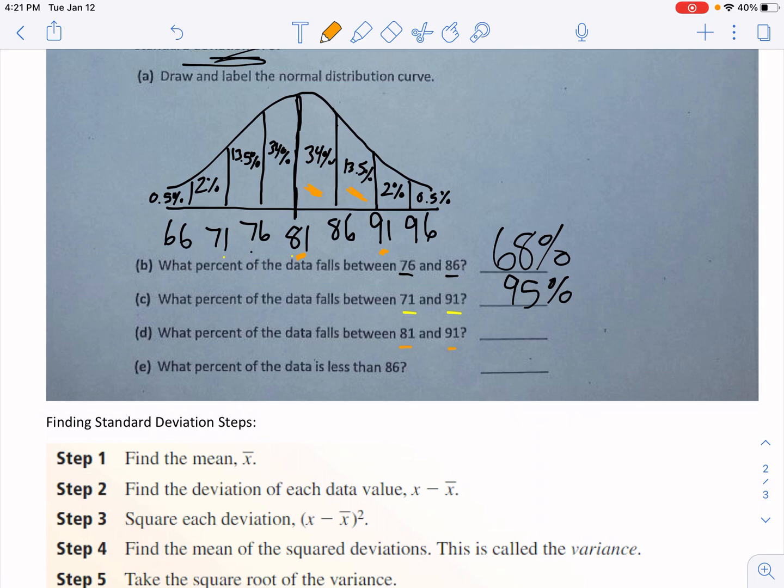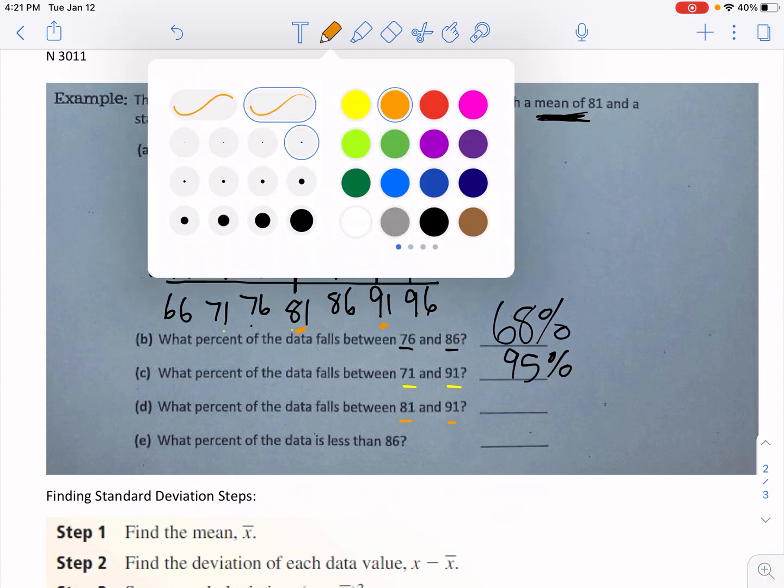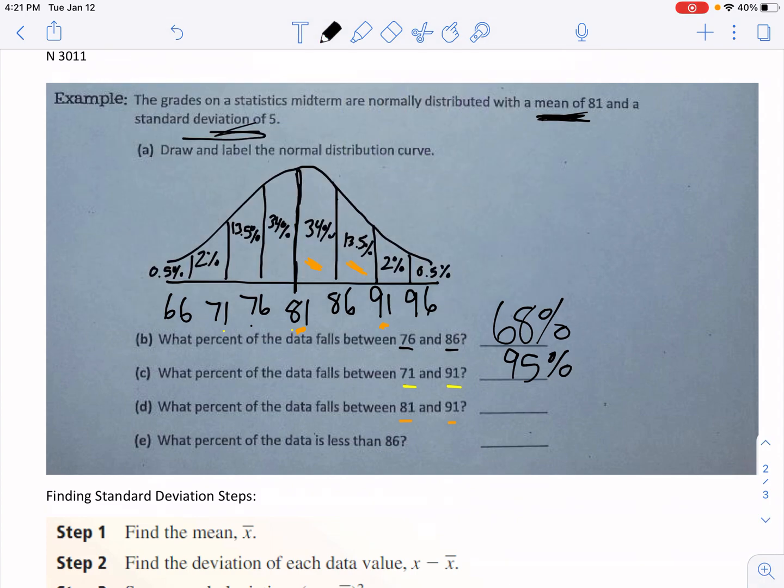So we have to add our percentages together to know how much of the data lies within 81 to 91, okay? So take 34 plus 13.5, and that's going to tell us the percent that falls within 81 to 91. Okay, so adding that together, you can do it off to the side or in your calculator. You should get 47.5%. So 47.5% falls between 81 and 91.